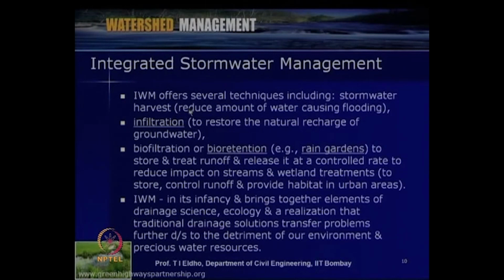So, biofiltration or bioretention works by making rain gardens or afforestation, improving the plant cover, so we can keep the rainwater for some more time and release it in a controlled way, so that flooding is reduced and local water availability is improved.